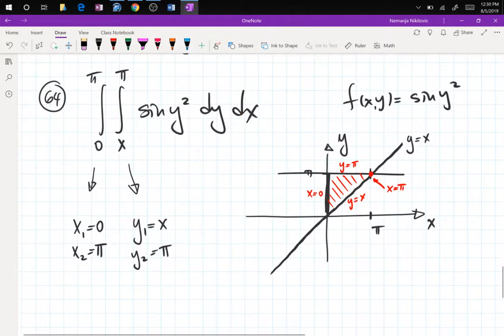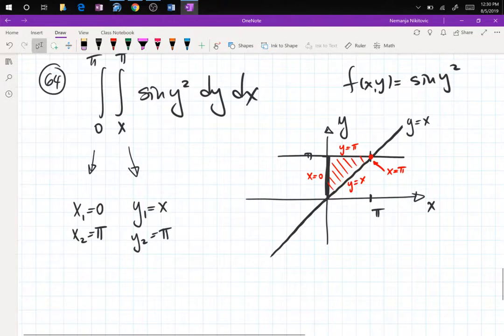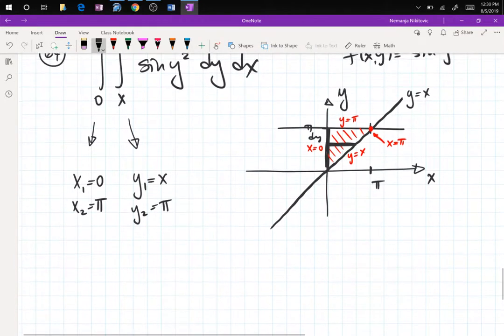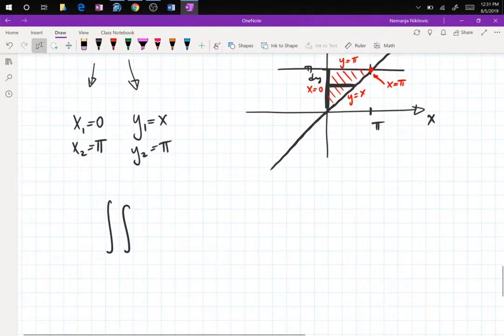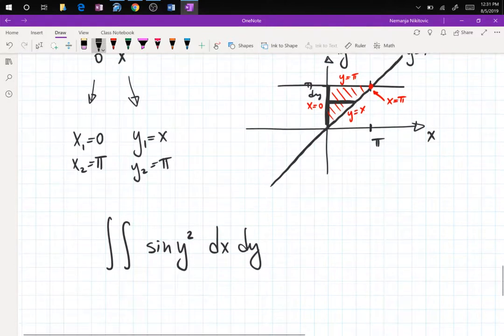All right. So now that I have this, and it was given as dy dx, I'm going to now work this as a dy rectangle and put these limits so that I have my sine y squared as dx dy.